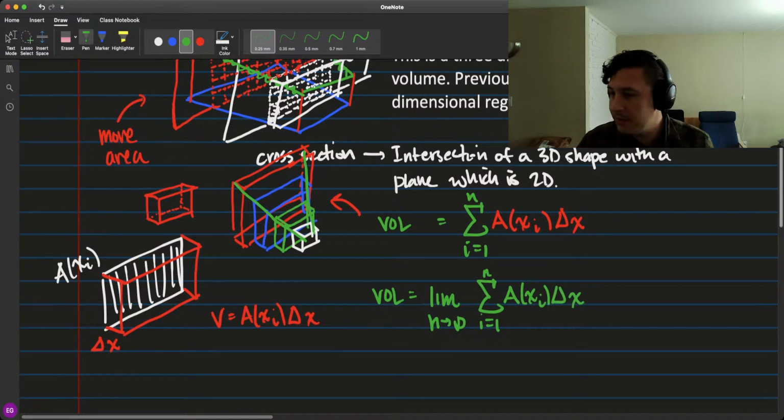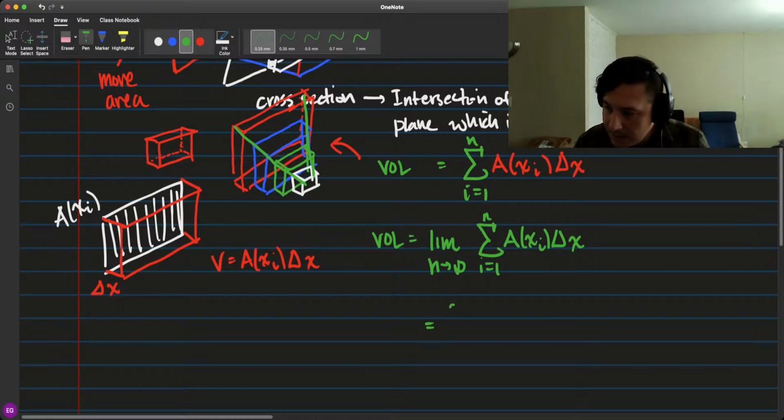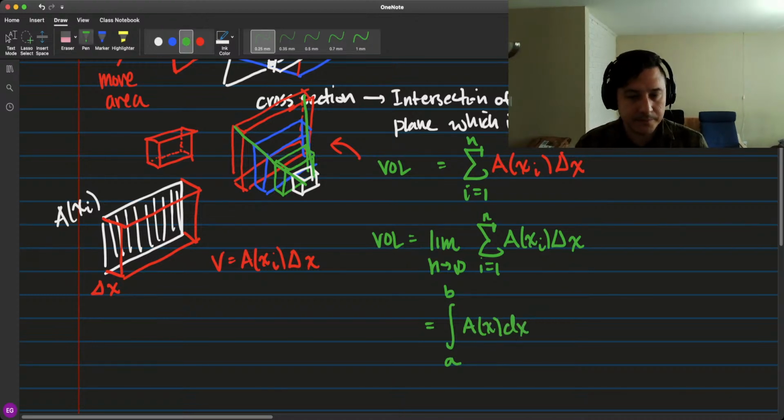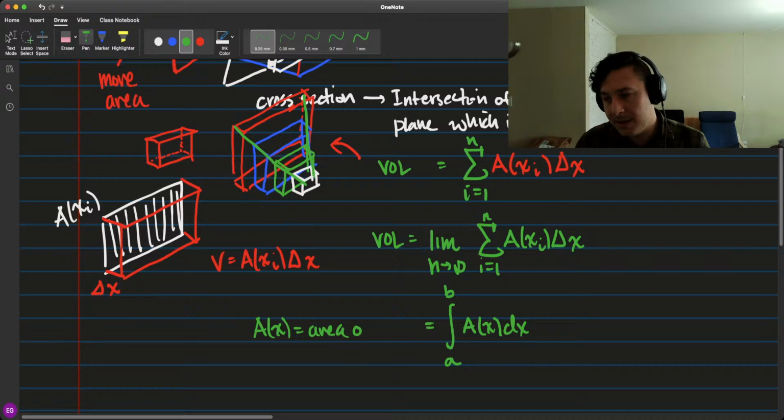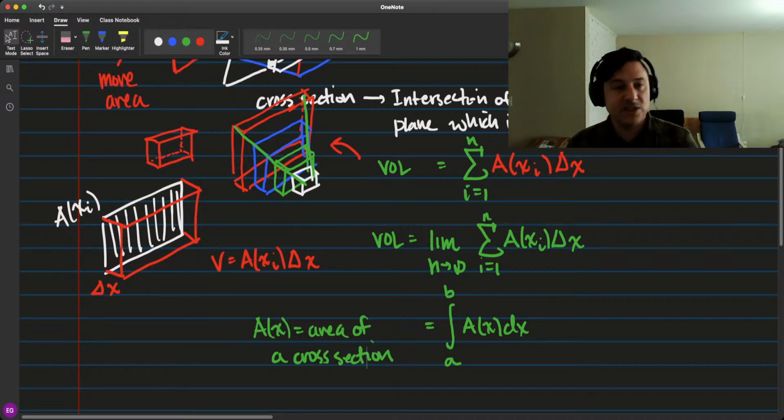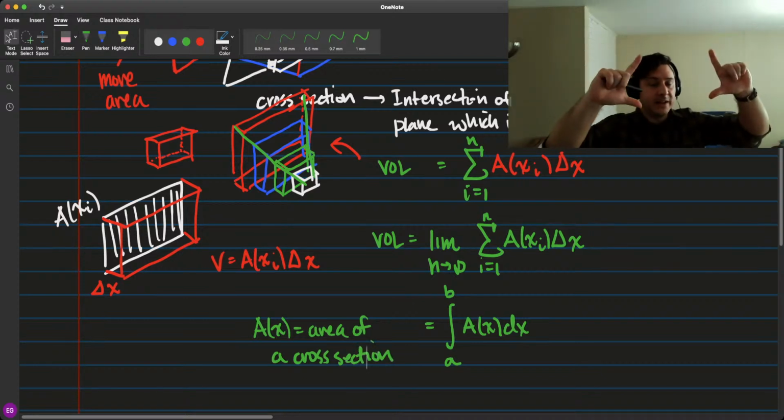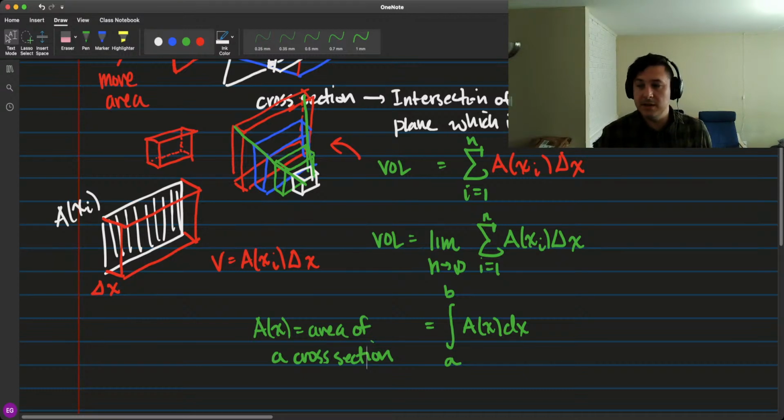Which means this is just some integral from a to b of some area function dx. And this area function is the area of a cross section. So if you can figure out a formula for the area of a cross section, if you integrate that, you get the volume.